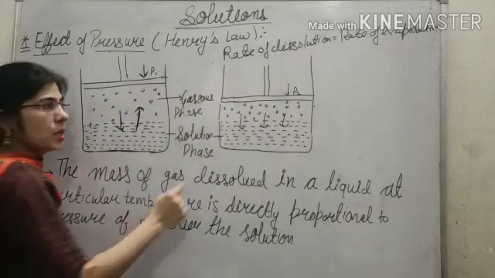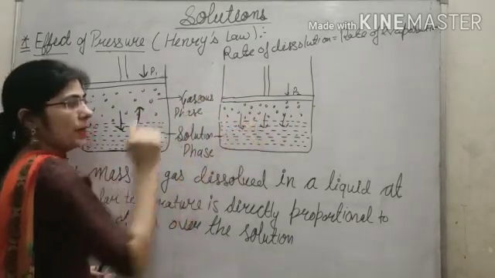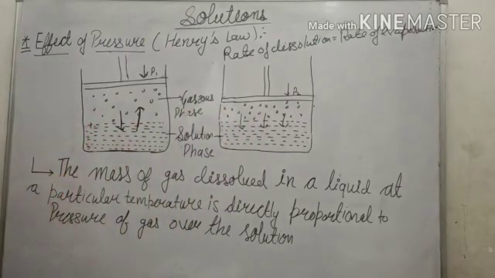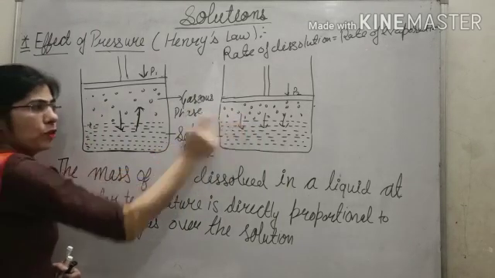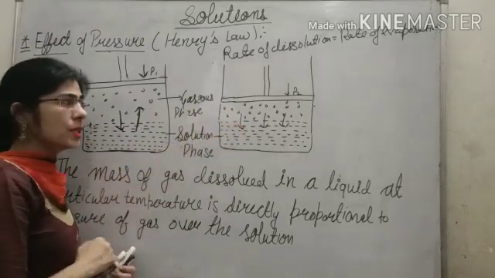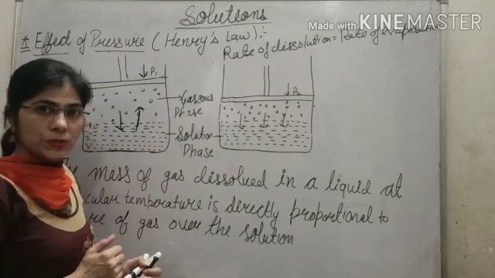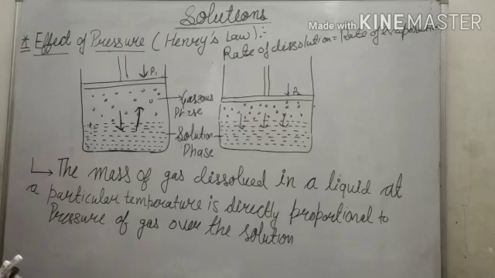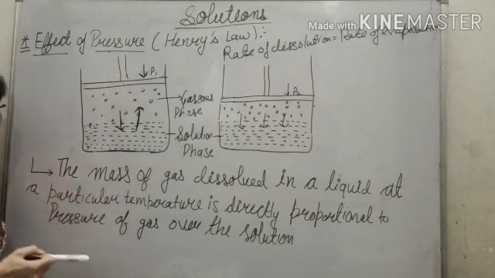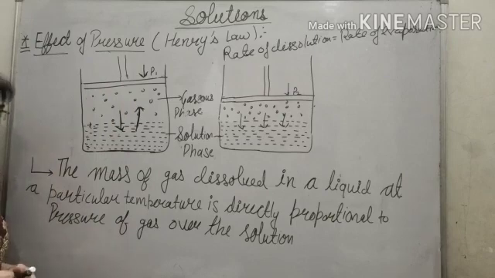Hence, the number of particles striking the surface of the solution to enter it also increases. As a result, the solubility of the gas in a solution increases when pressure increases.